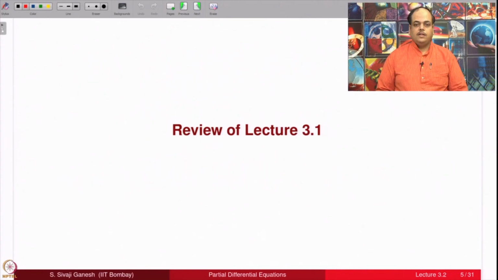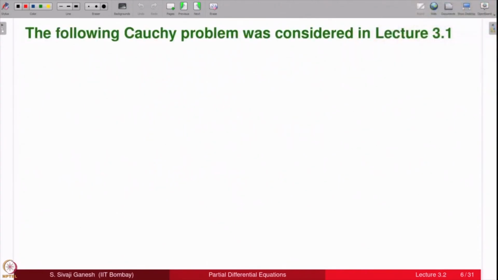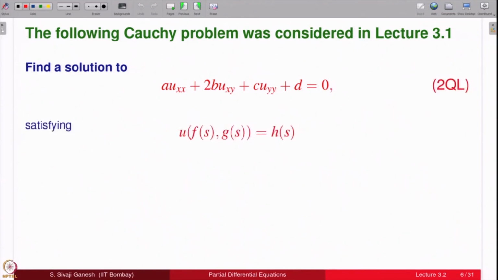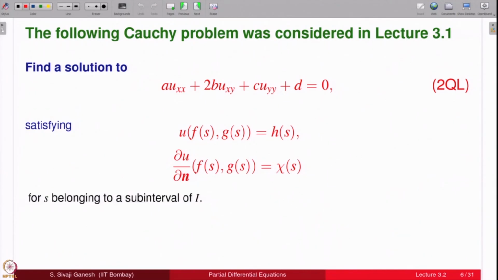So, let us start with a review of the previous lecture. We considered the following Cauchy problem in lecture 3.1: find a solution to the second order quasi-linear equation satisfying u(f(s), g(s)) = h(s), and the normal derivative of u at the point (f(s), g(s)) is chi(s). What is (f(s), g(s))?